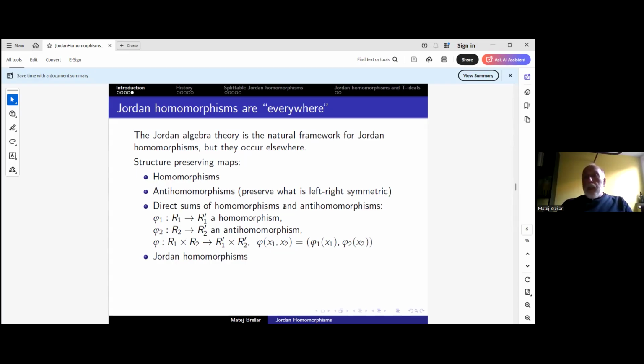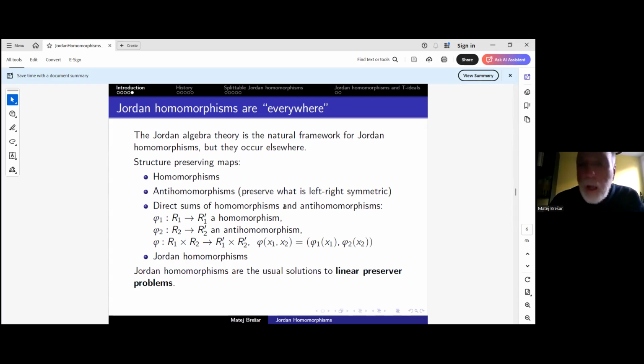So there are many problems in mathematics, and actually there's a whole branch of mathematics called linear preserver problems that studies linear maps that preserve certain products or preserve certain subsets of algebras, etc. And usually the conclusion is that such maps are Jordan homomorphisms.